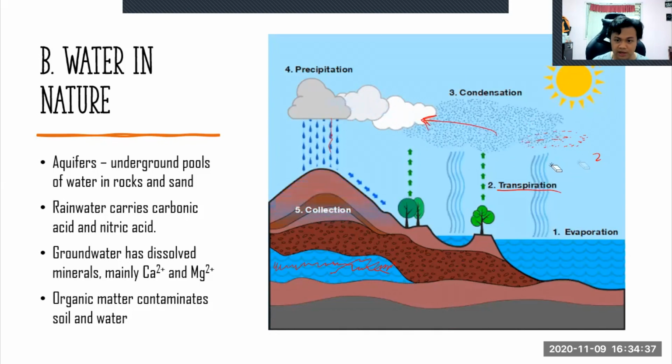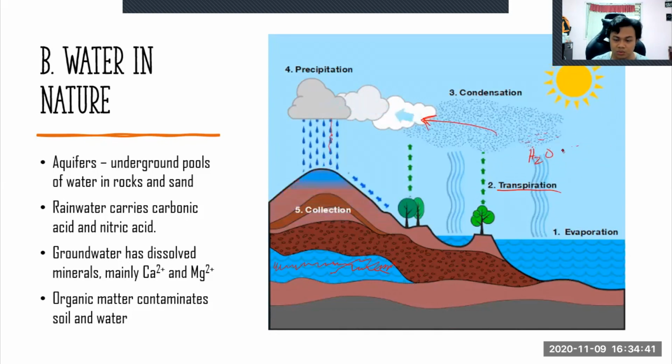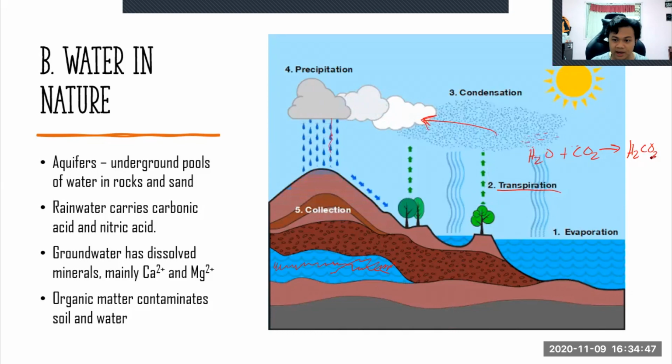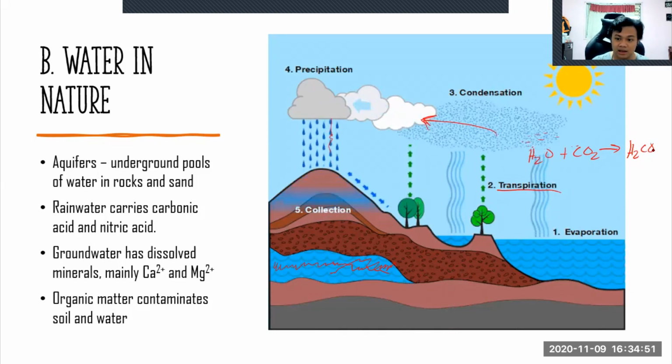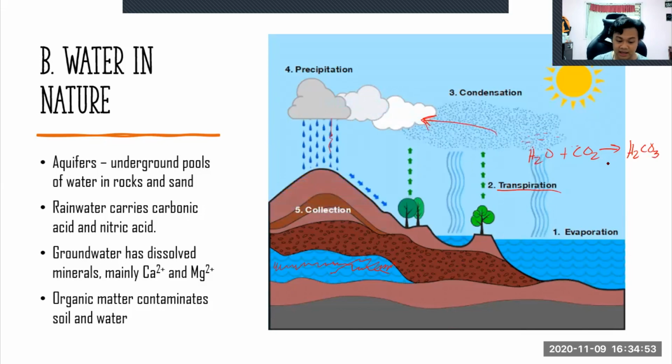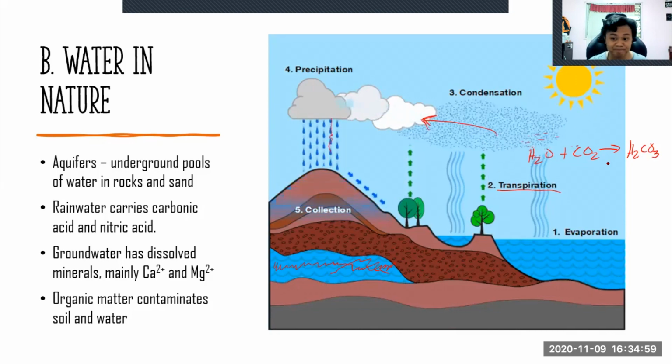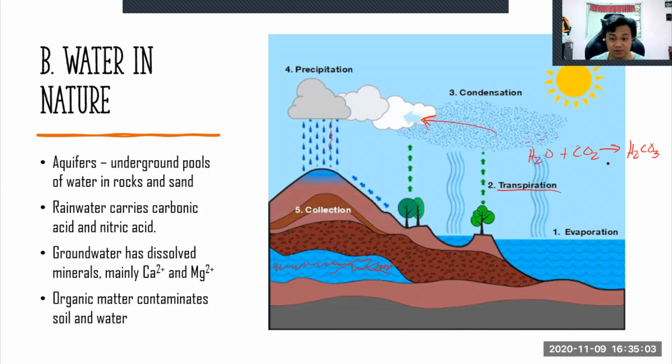I'll show you the equation here: H2O plus CO2 forms carbonic acid, H2CO3. This is also the acid in our soft drinks. If you open a bottle of soft drink, it fizzes, right? Bubbles come out.